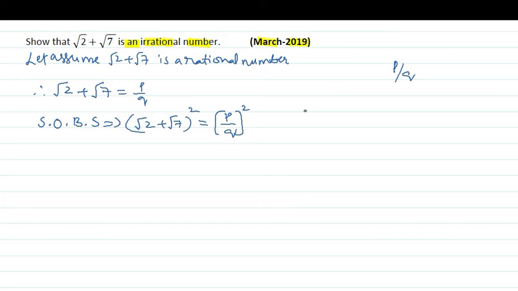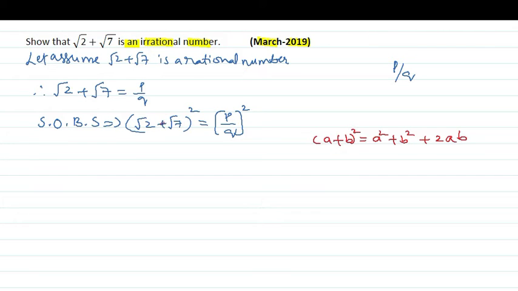Now here we can see it is in the form of a plus b whole square. The identity for a plus b whole square gives a square plus b square plus 2ab.